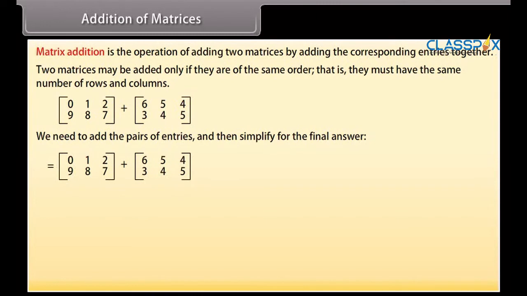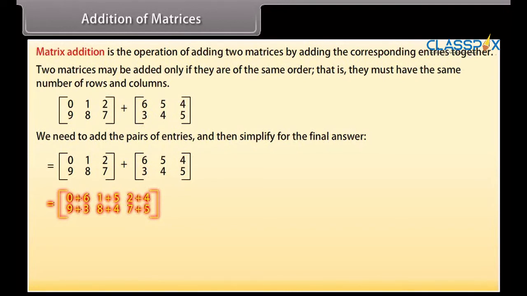Row-wise, first row 0, 1, 2. Second row 9, 8, 7 plus row-wise, first row 6, 5, 4. Second row 3, 4, 5. Row-wise, first row 0 plus 6, 1 plus 5, 2 plus 4.